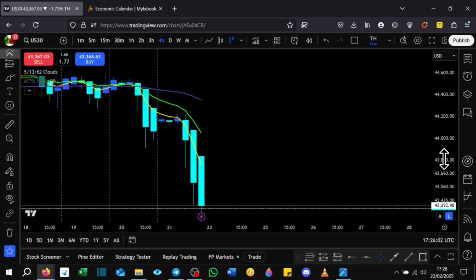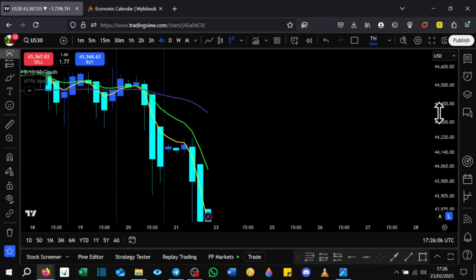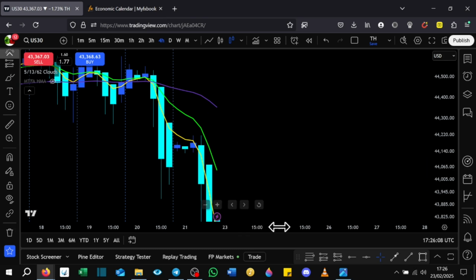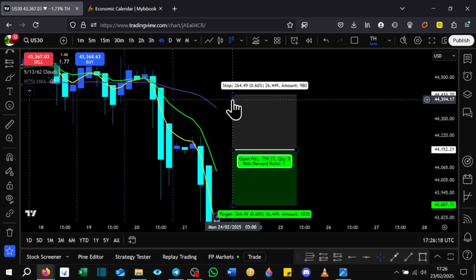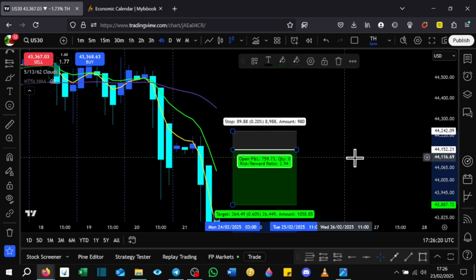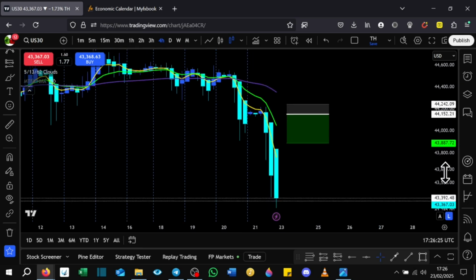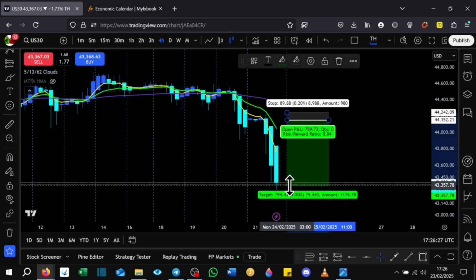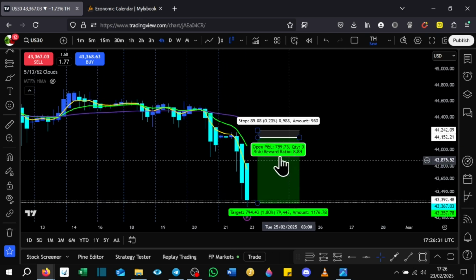I don't know what it is, but something has caused that, or it might not have. There could have been other factors in play, but there could have been a sell stop position on this candle here, and then a stop loss there like that, and then catching this move down here.